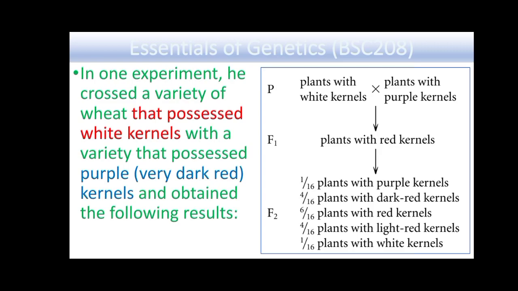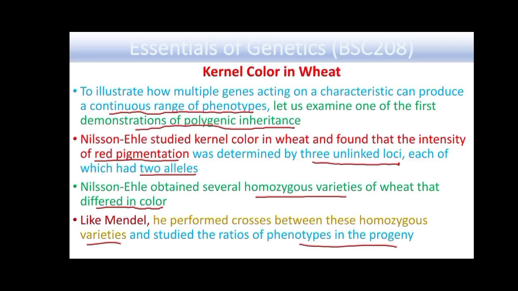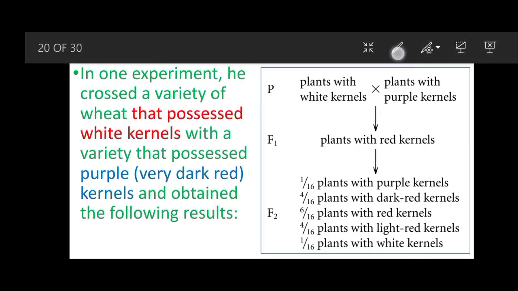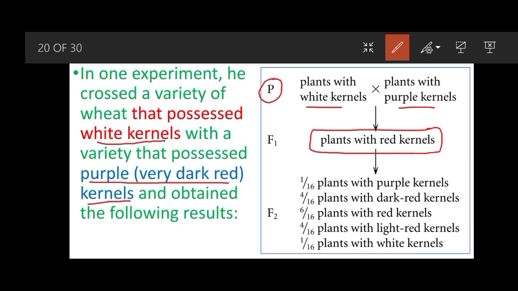In one experiment, he crossed a variety of wheat that possessed white kernels with purple, or very dark red, kernels. In the parental generation, white plants were crossed with purple plants, and in the F1 generation, all the plants had red kernel color.